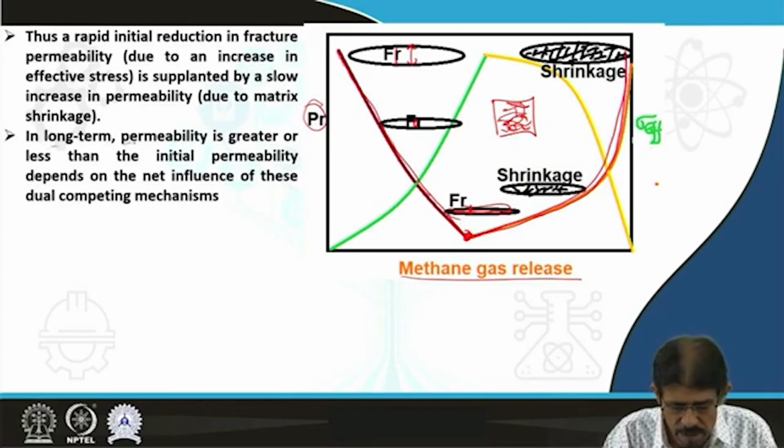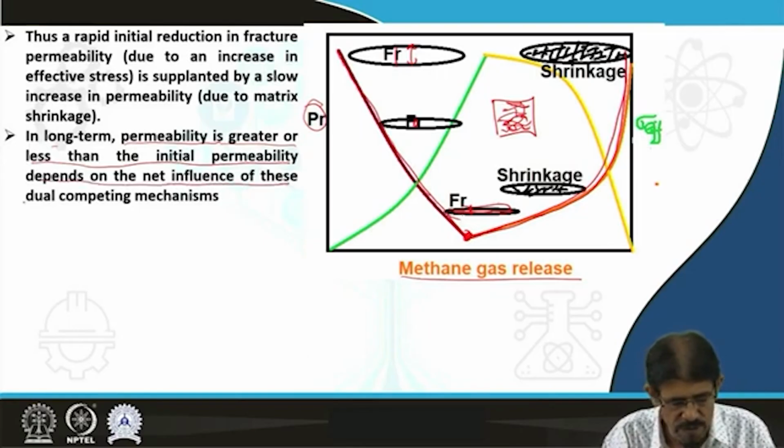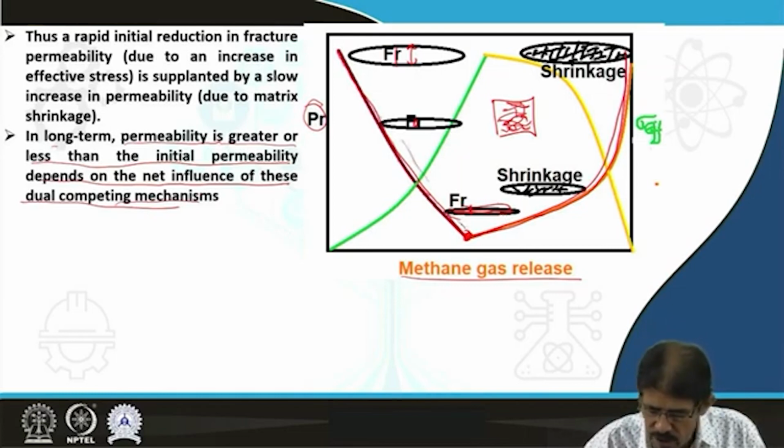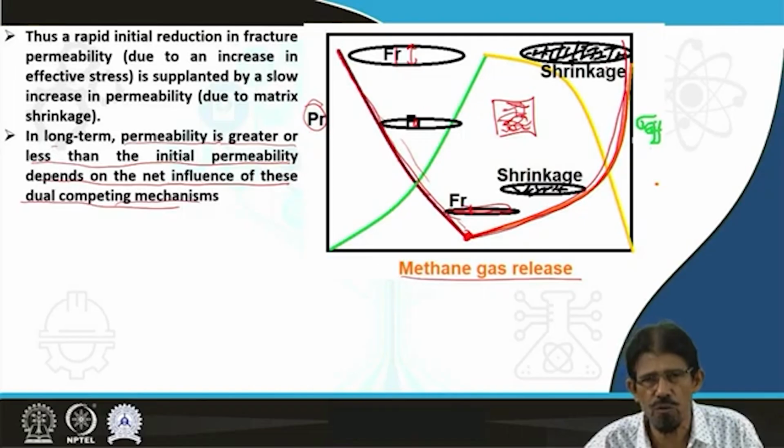In the long term, whether permeability is greater or less than the initial permeability depends on the net influence of the two competing mechanisms. Here the decrease in permeability is sharp, whereas shrinkage-induced formation of fractures is gradual and slow.